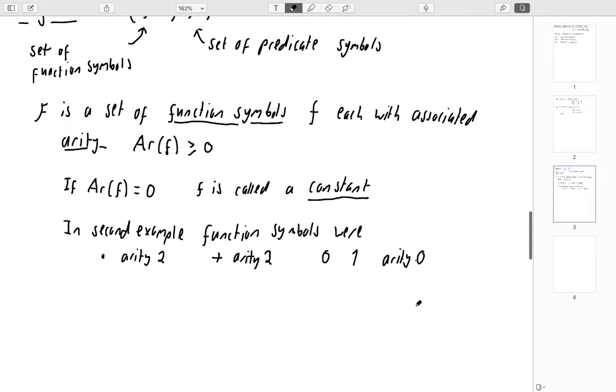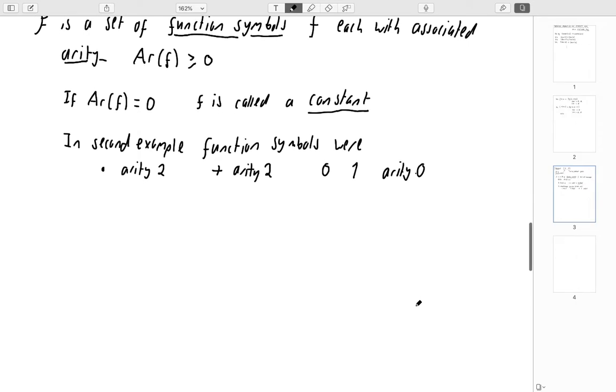Let's see if I can scroll. Oh, I can like this. This gives us a bit more space to talk about the predicate symbols.